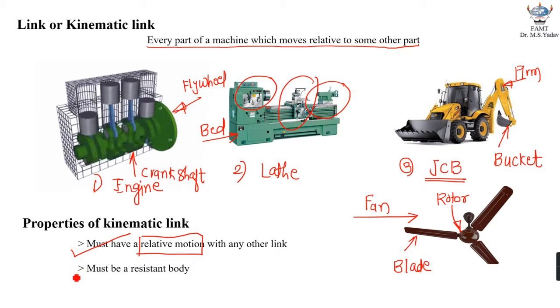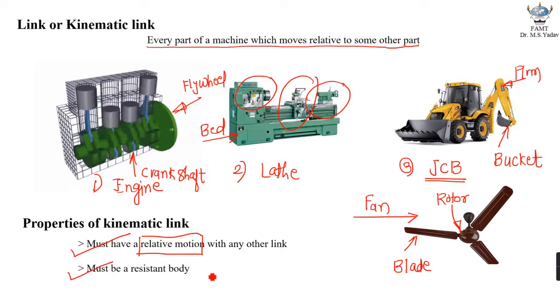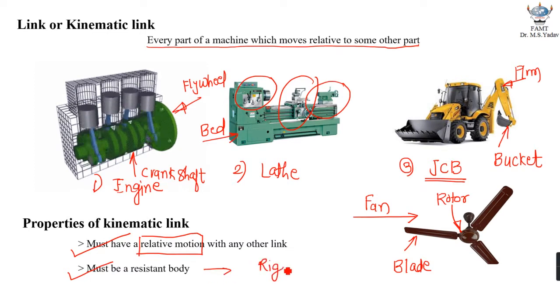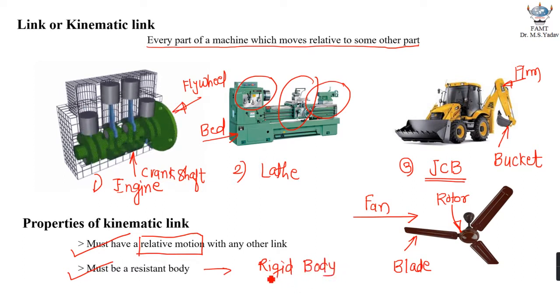The second property of kinematic link is it must be a resistant body. Now we need to understand the difference between a rigid body and resistant body first. A rigid body is the one which does not deform at all while transmitting motion or forces.